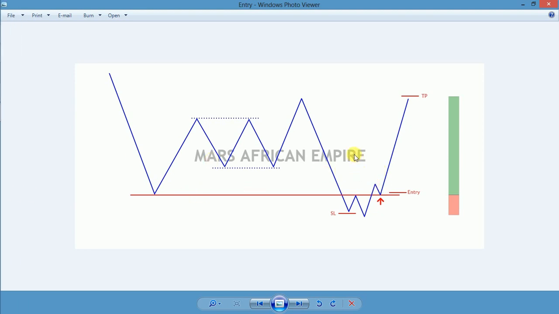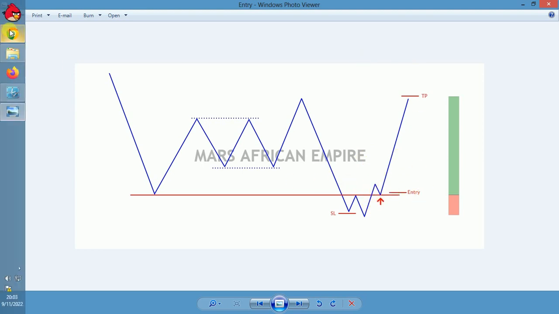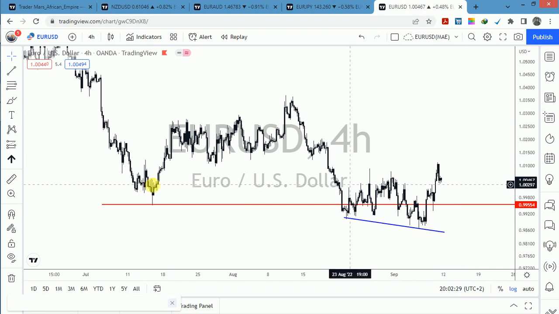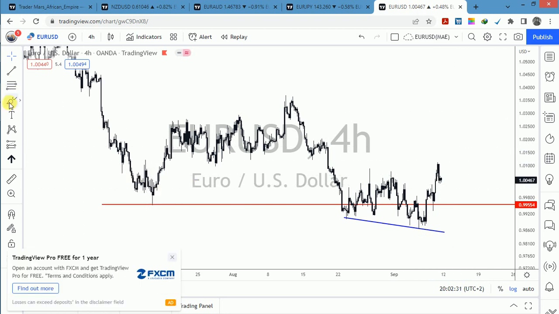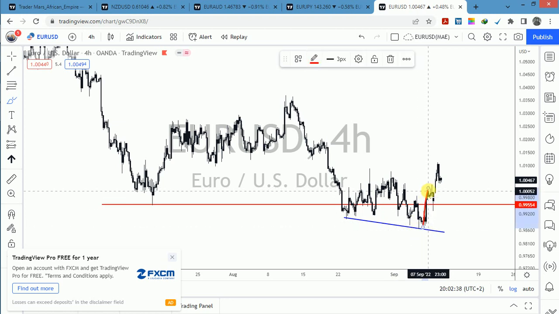So in that case, we are hoping for price to test that zone and then continue to go up, right? It seems like it has already done that. We broke inside that zone, we retested, and then we are going up.